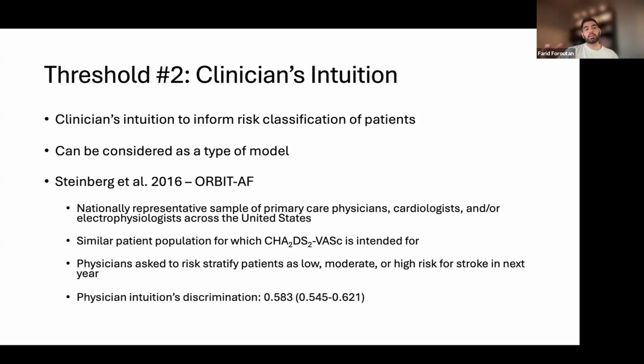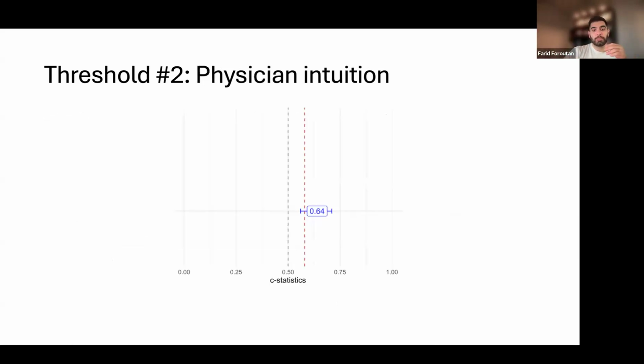And what they saw is that the discrimination of the physicians, when they were forced to classify the patients as low, moderate, or high risk, was 0.58 with a 95% confidence interval of 0.54 to 0.62. So you can use this 0.58 as a potential threshold to inform the target of certainty rating for CHA2DS2-VASc and whether its discrimination is acceptable.